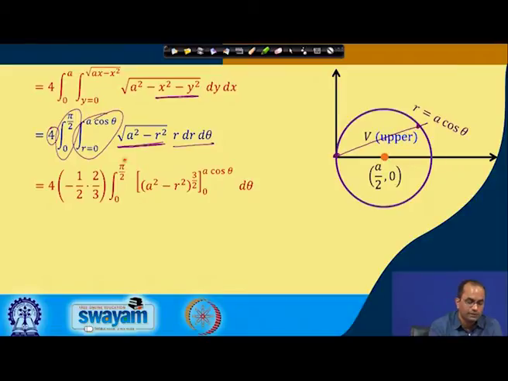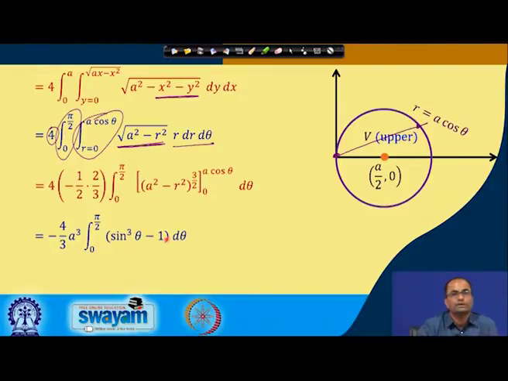This is a simple well known function which we can integrate, because r is already given there, and then we can put the lower and the upper limits. So, we will get in this case sin cube theta minus 1 and d theta with the factor of minus 4 by 3 a cube. But we know this identity here that sin 3 theta is 3 sin theta minus 4 sin cube theta. So, this sin cube theta we can write in terms of sin 3 theta and sin theta, which are easy to integrate.